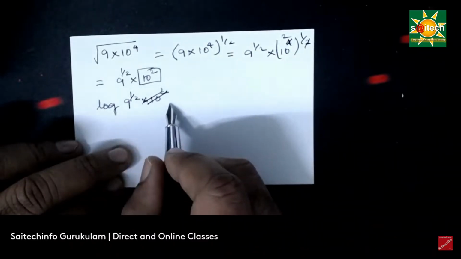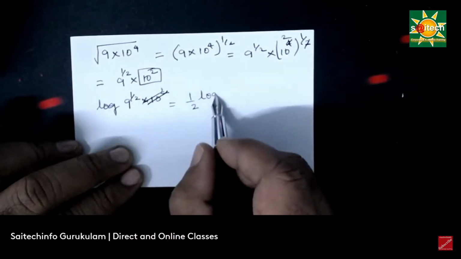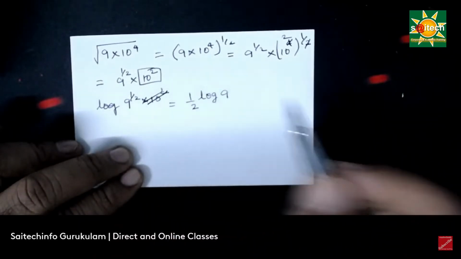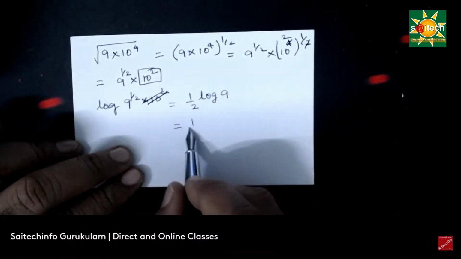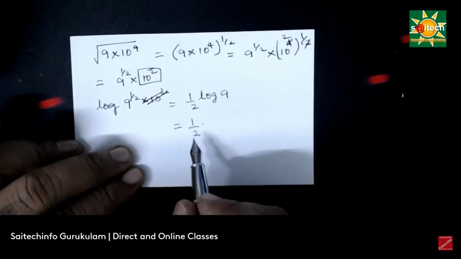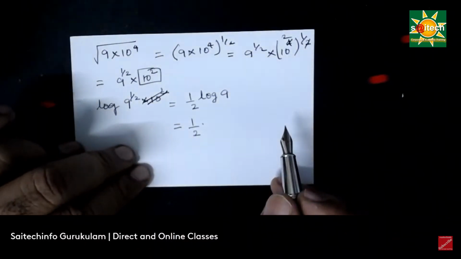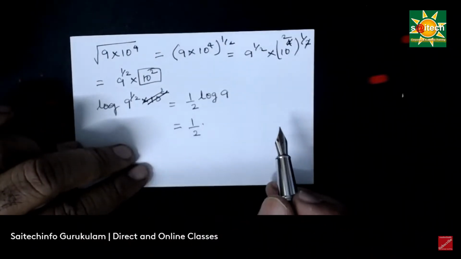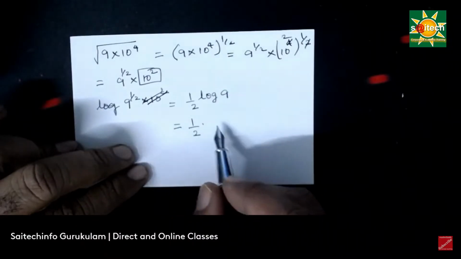So 9 power 1 by 2 is nothing but 1 by 2 into log of 9. So that is equal to 1 by 2 into, get me the logarithm of 9. For 9, you have to check in 90, and log 9 is a single digit, so you put 0 point.